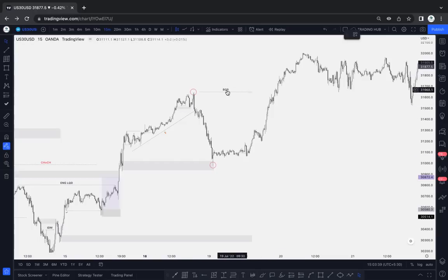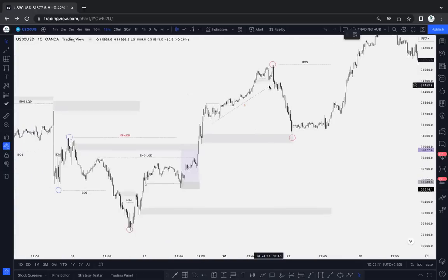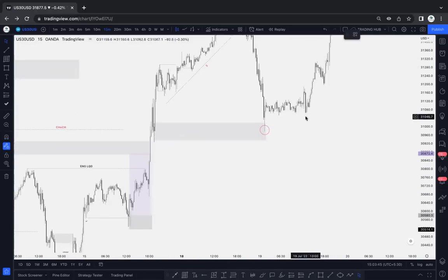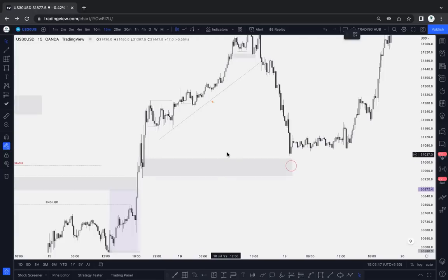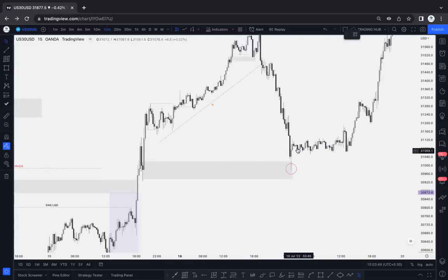Break the structure, and you can see the market tapped on this level, and we can buy here. After taking out this, we can see the market gave a reaction here. These are indications for the continuation upside.